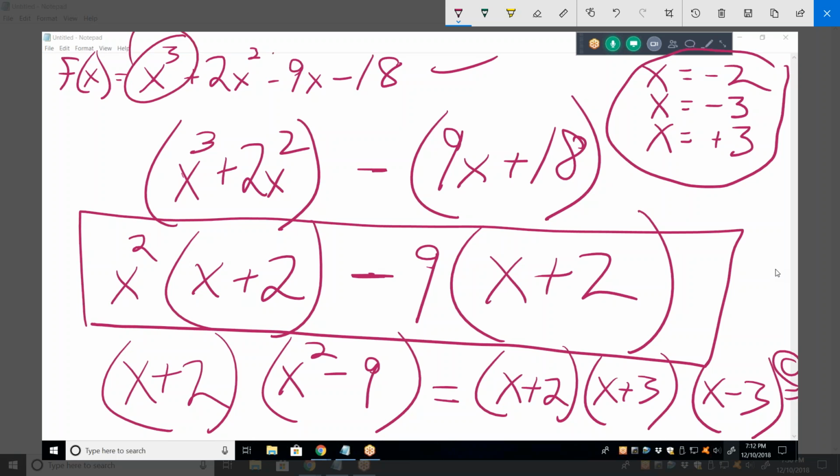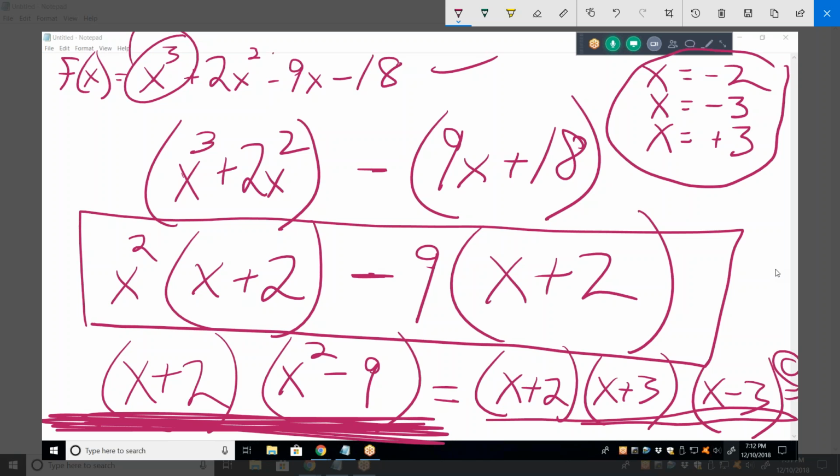In other words, if you find yourself doing cubics and you only come up with 2 solutions, you've left one out. In other words, you can't stop at that step right there. You've got to factor it all the way down. So I had to factor the x squared minus 9 also to get to that step. Now I can solve it.